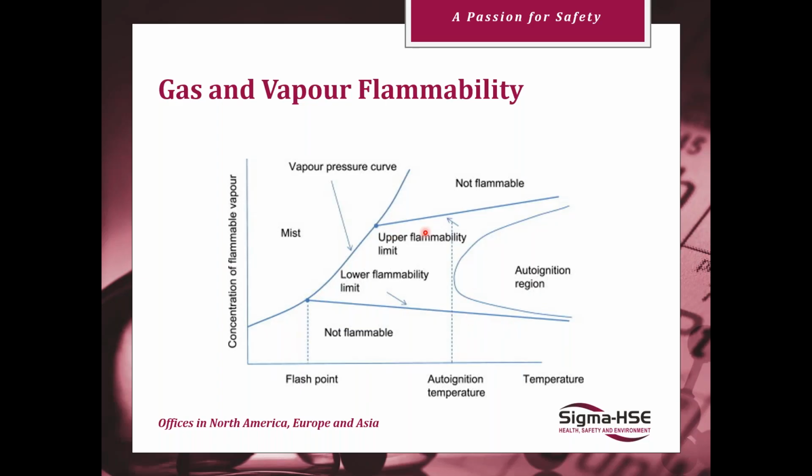Opposing this, we can see the contrasting trend for the upper flammability limit. So whilst the LEL-UEL testing is concerned with finding the flammability limits of a gas or vapor, we can see that the auto ignition temperature investigates the optimum concentration and temperature. So again, it's that worst case scenario there, where all the conditions are perfect to form that ignition.